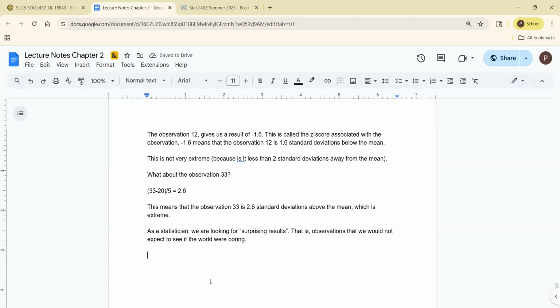Let me give you an example. This is the example I like to use to explain this idea. Actually, before I do that, because statisticians are mathematicians, we decide if a result is surprising or not by using mathematics.